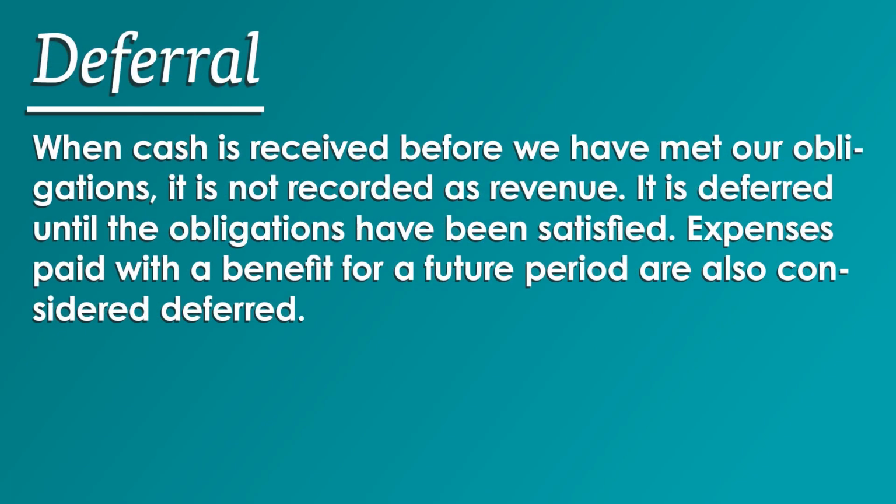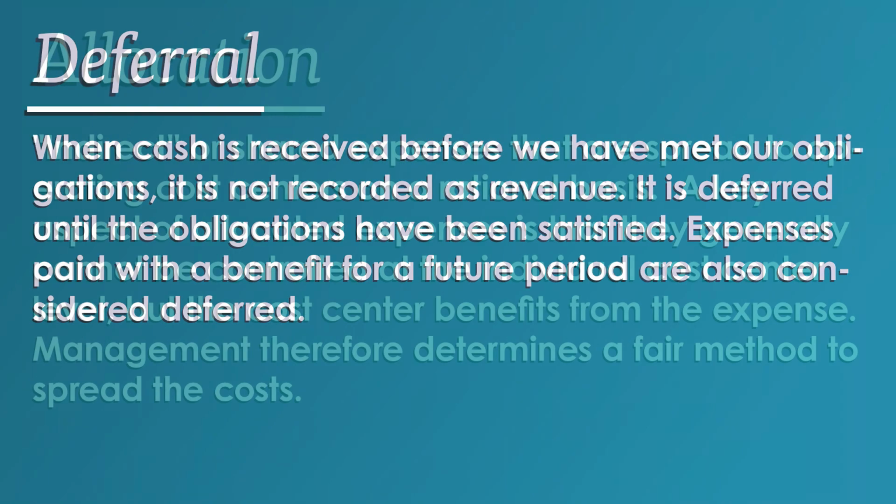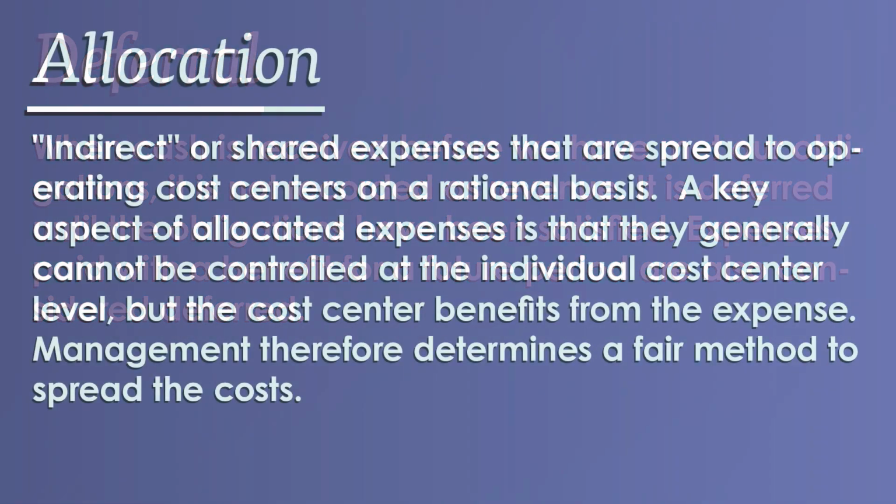The second term is deferral. When cash is received before we've met our obligations, it's not recorded as revenue. It is deferred until the obligations have been satisfied. Similarly, expenses paid with a benefit for a future period are also considered deferred. The third term is allocation.